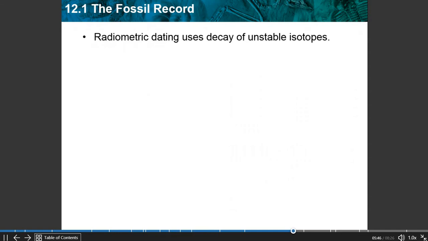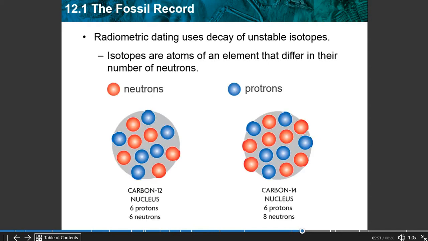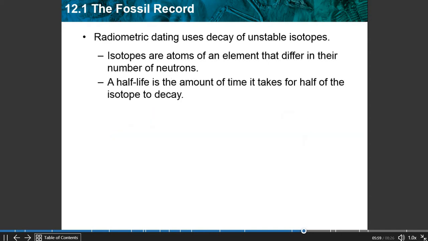Radiometric dating uses the decay of unstable isotopes. Isotopes, once again, are atoms of an element that differ in their number of neutrons. Half-life is the amount of time it takes for half of the isotope to decay.